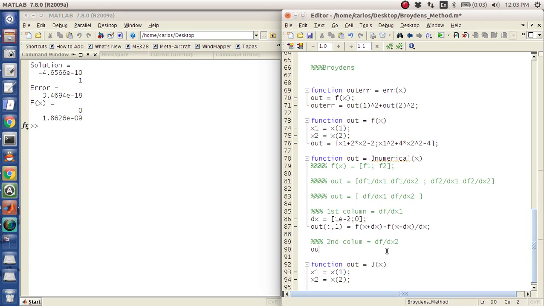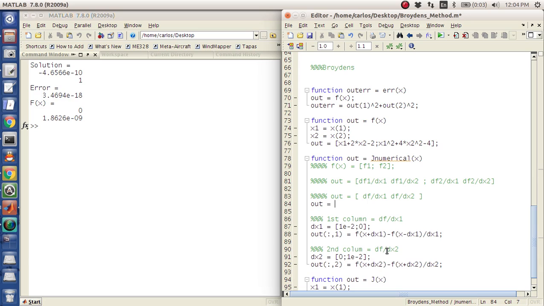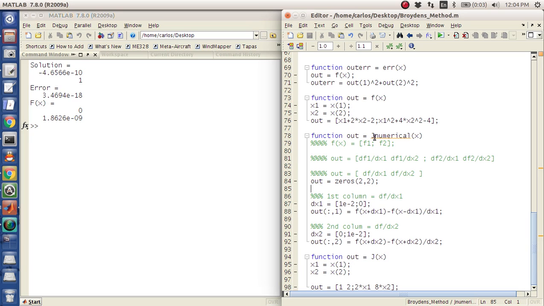And then the second column, out of all comma 2, is going to be the function of out at x plus, and here maybe I should do this, dx1, dx1, dx1, dx1, and that way I don't confuse you. dx2 is 0, 1e negative 2, dx2 minus f of x plus dx2 over dx2. And I think that'll be it. You probably want to pre-allocate and say out is going to equal zeros 2 comma 2.